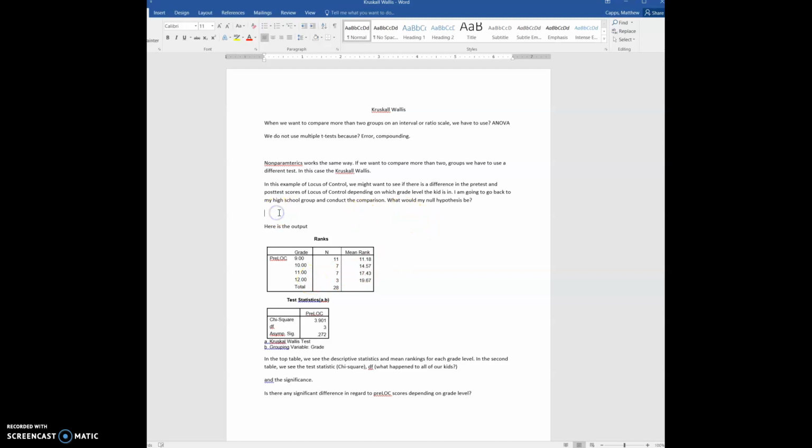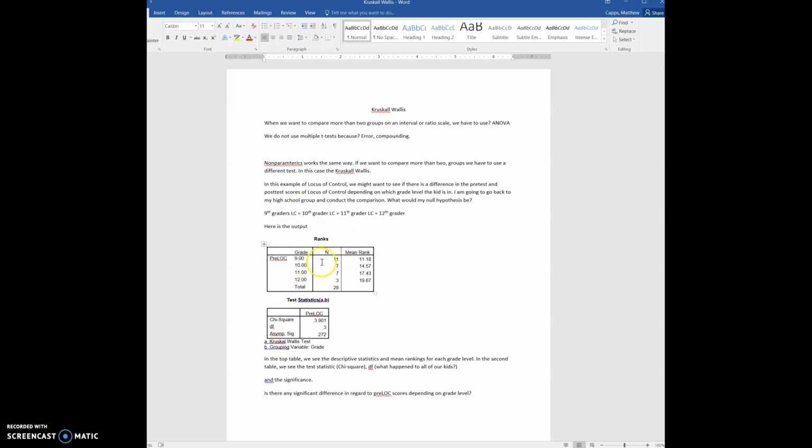So my hypothesis would be 9th graders' locus of control is equal to 10th graders' locus of control is equal to 11th graders' is equal to 12th. And that's my null hypothesis. So my research question is, is there a difference in grade level regarding locus of control?